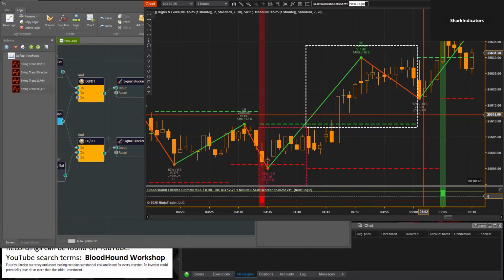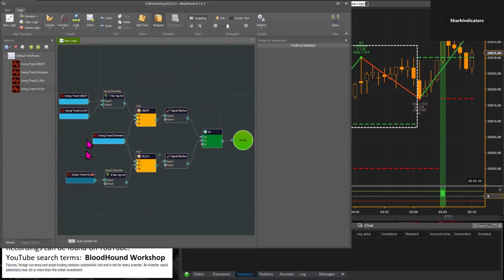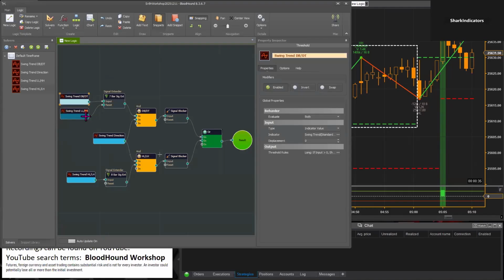All right, so we have a higher low, and then we got a signal on a higher high. So if we wanted to exclude that, remember for the double tops and double bottoms, we used a lower low and higher high to disable that double top, double bottom there.